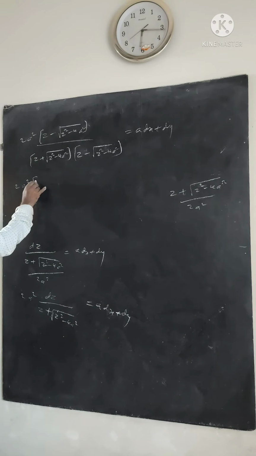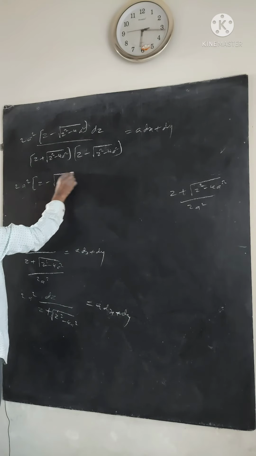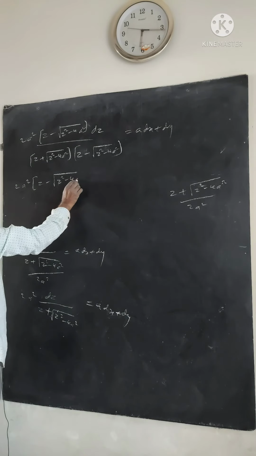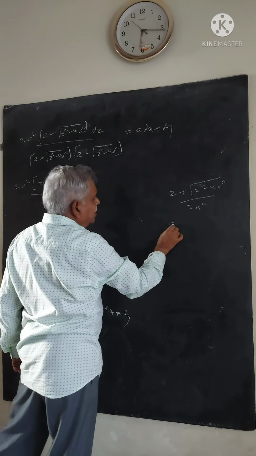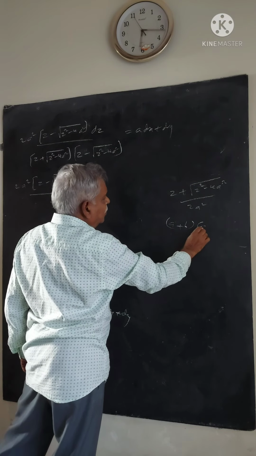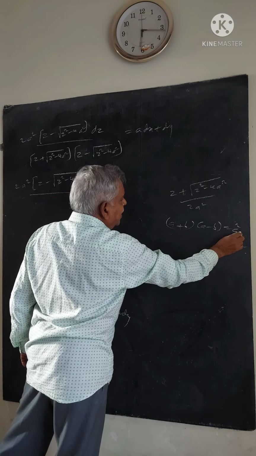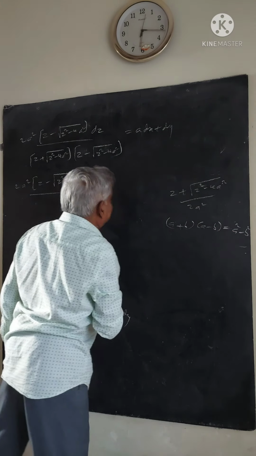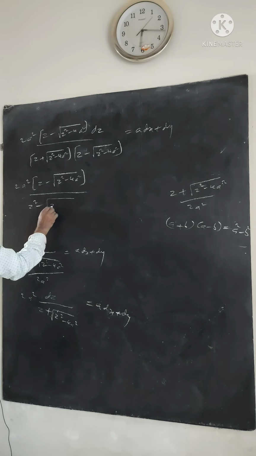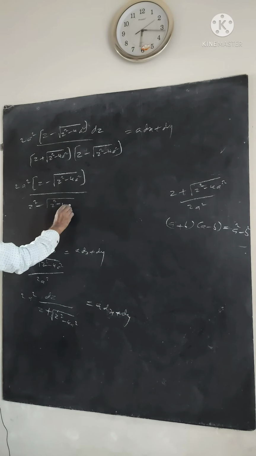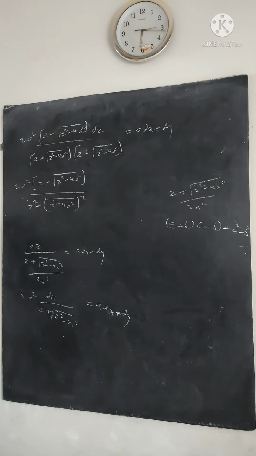Using a plus b into a minus b equals a square minus b square, the denominator becomes z square minus z square plus 4a square.